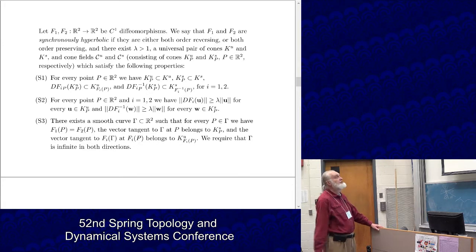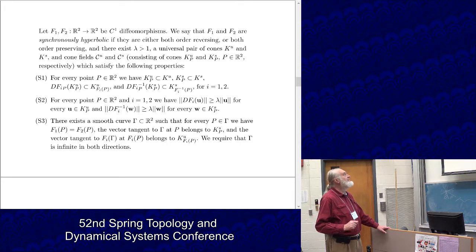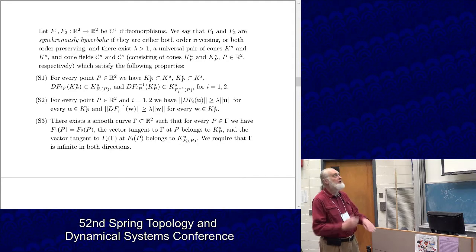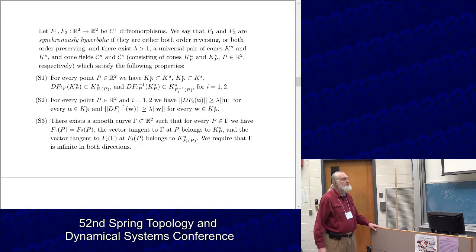But now we have the cone fields, and at each place our cone from the field is contained in this universal cone. And those maps are hyperbolic. This hyperbolicity is given by those cones.